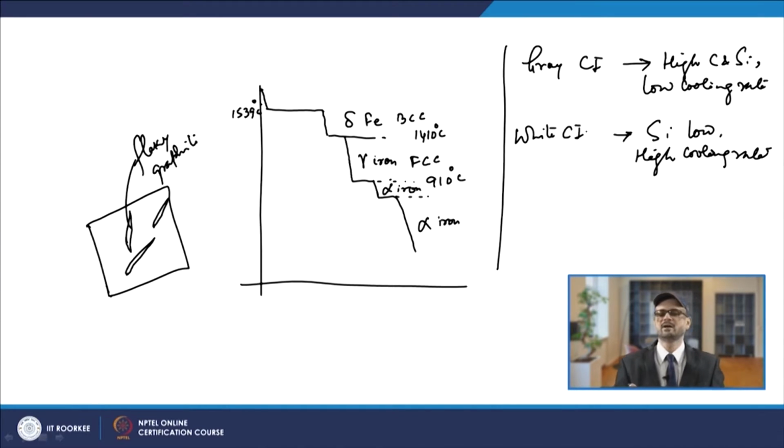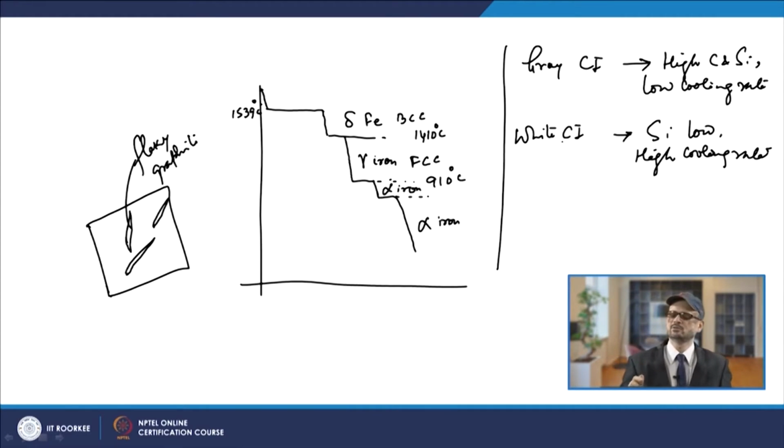If the cooling rate is higher, you are likely to get Fe3C, which is known as combined form. So, you will get carbon in the form of carbide. That is your white cast iron. It is extremely hard and normally not used much for engineering applications, except for some cases where you need extremely high hardness, like in the case of rollers.